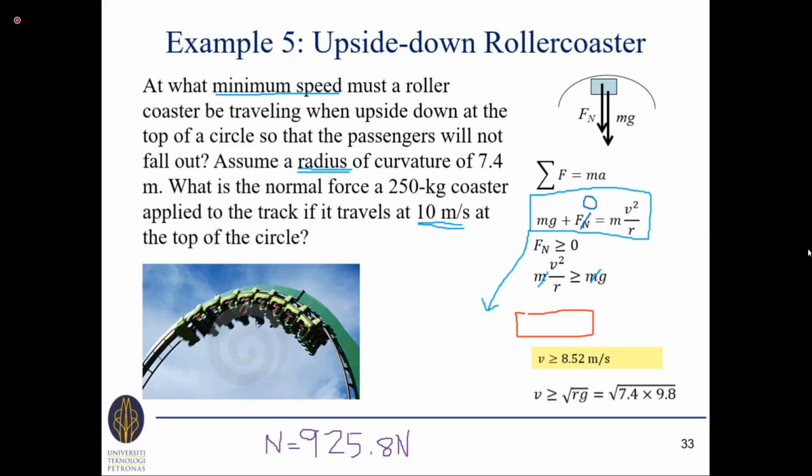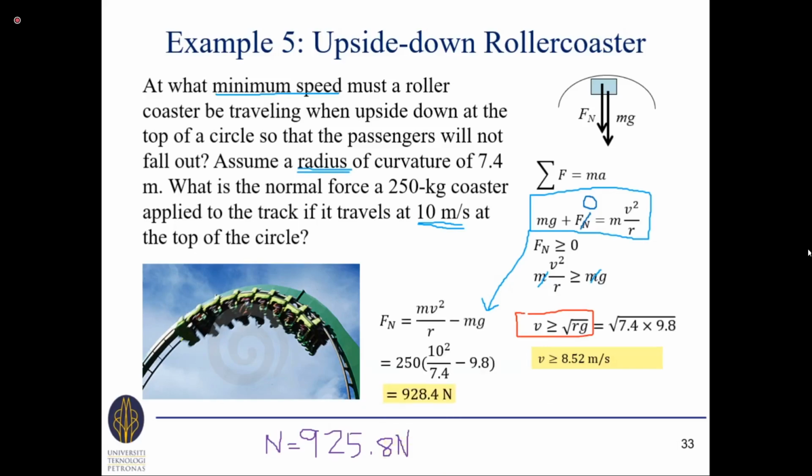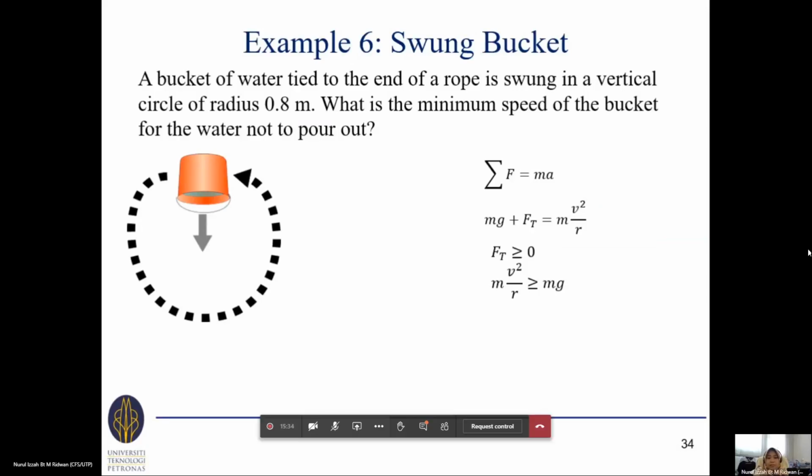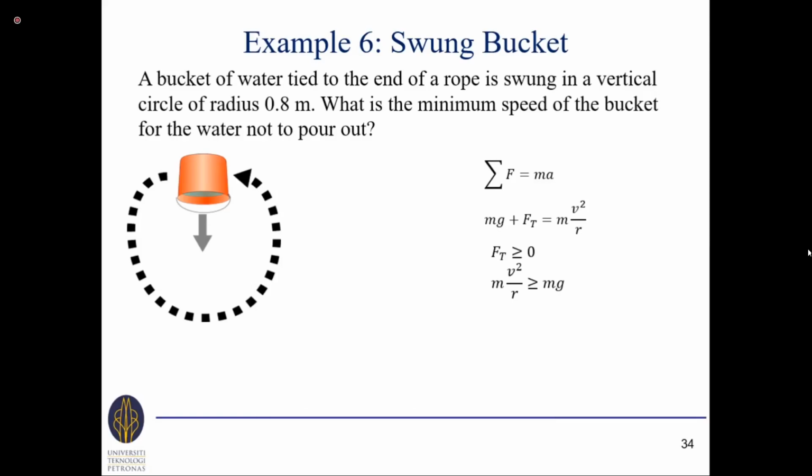Referring to this part, we also have another example, example 6 in the slides, where you find the minimum speed of the bucket for the water not to pour out. You can actually try this in your dorm.